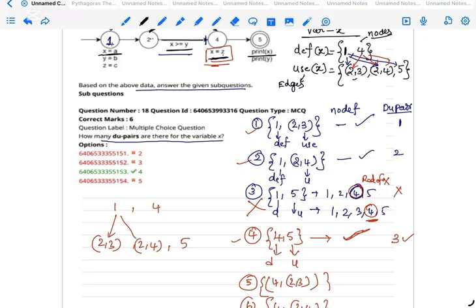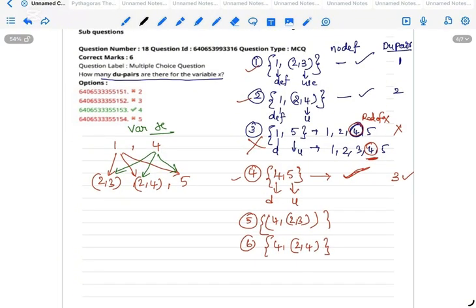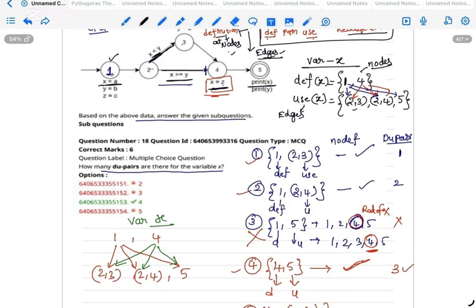First we check for 3, next for 4, for the variable x.